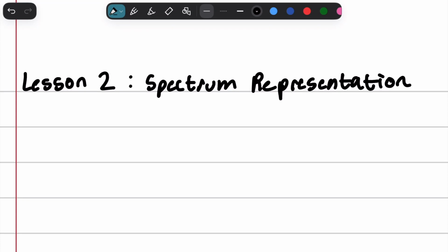Hello everybody. Today I want to talk about spectrum representation. So spectrum representation is a neat way to show sinusoids that have cosines or sines with different frequencies.